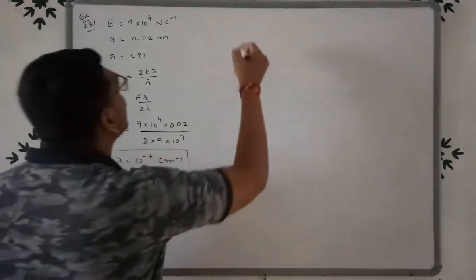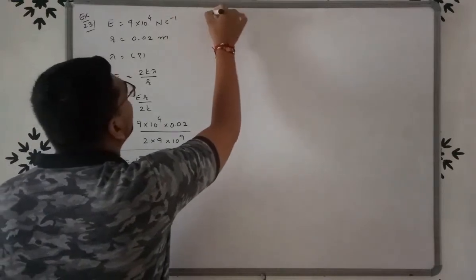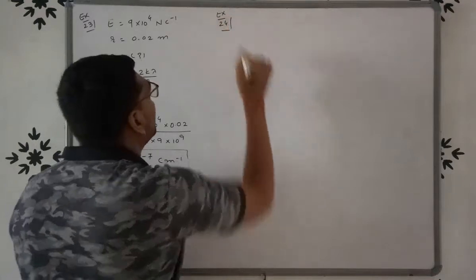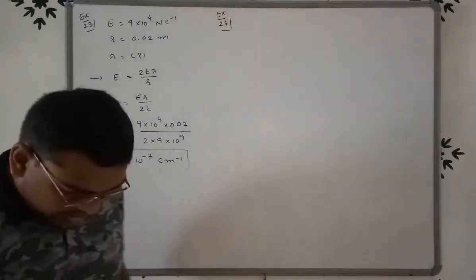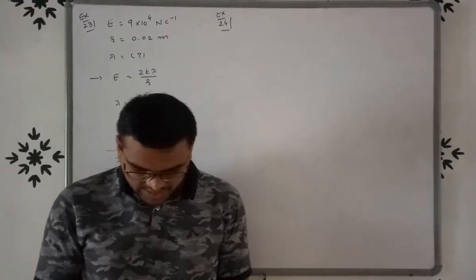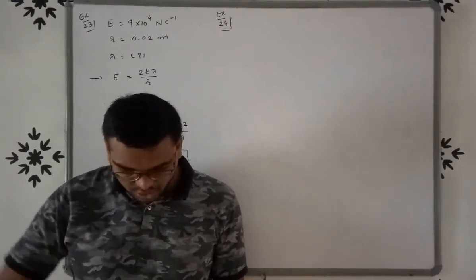Then example number 24. Now see, two large thin metal plates are parallel and close to each other.